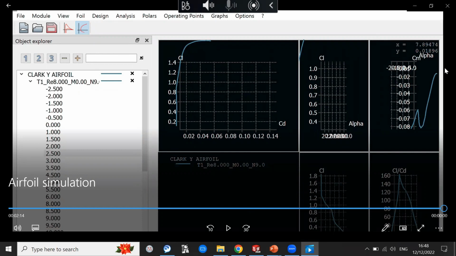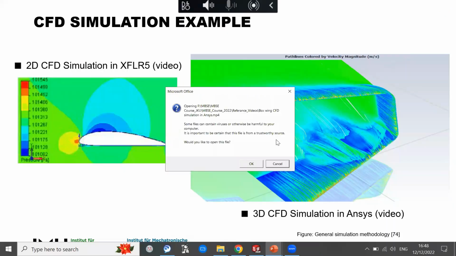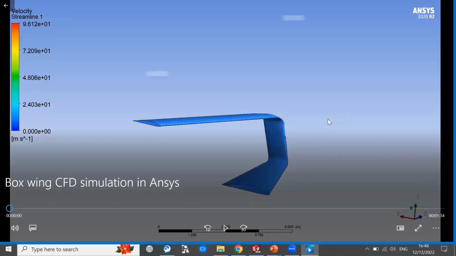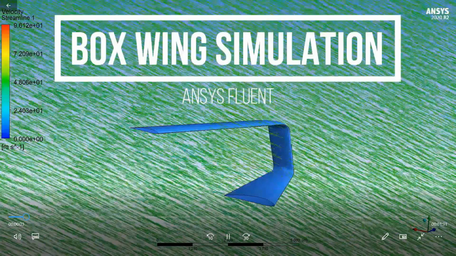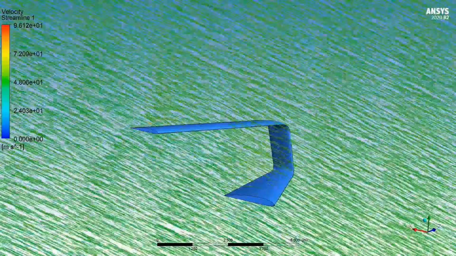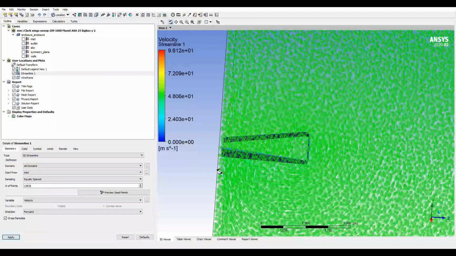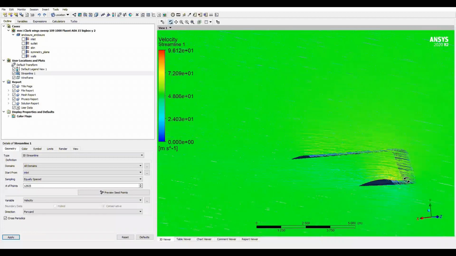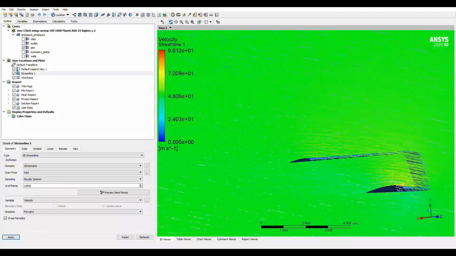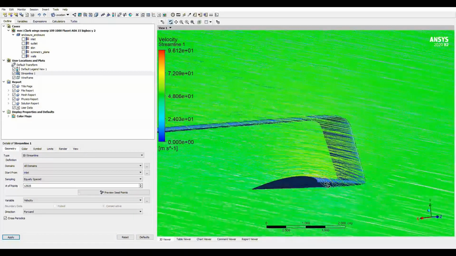But I'm coming to that point. This simulation actually took us almost 1.5 hours, and it's still running. We were having problems with the meshing. So now just have a look.